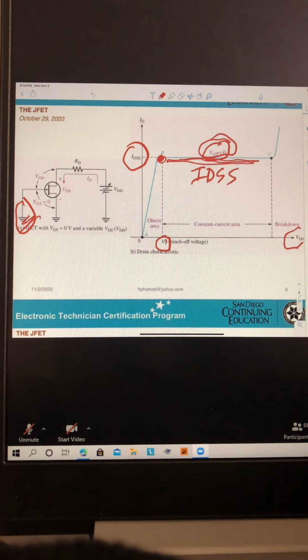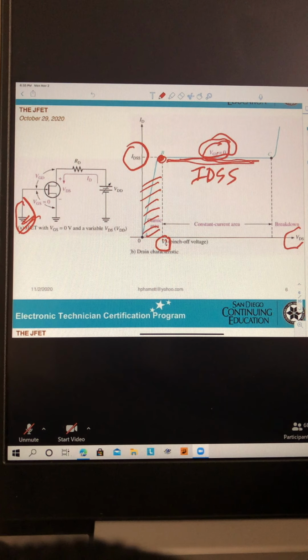So now you can see, if they change VDS, the first region, VDS less than VP, this time they call the ohmic region. What does ohmic region mean? The JFET operates like a resistor. Exactly. That means when VDS is less than VP, the JFET works like a resistor.